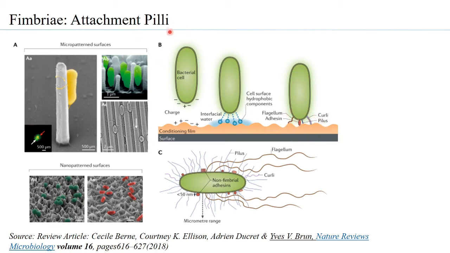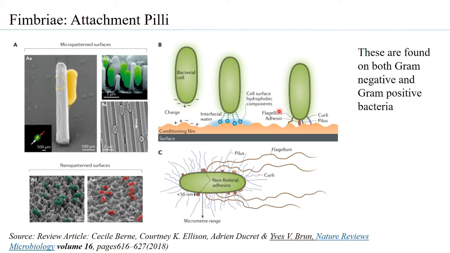Interestingly, these pili have at the tip what are called adhesins. But the adhesins are present not just at the tip; they are present all across the pilus, and that enables the pilus to attach itself to the surface. Fimbriae are present on both gram-negative and gram-positive bacteria, more so in gram-negative.